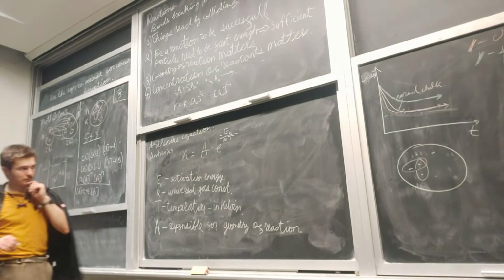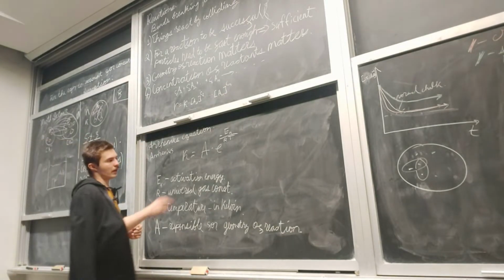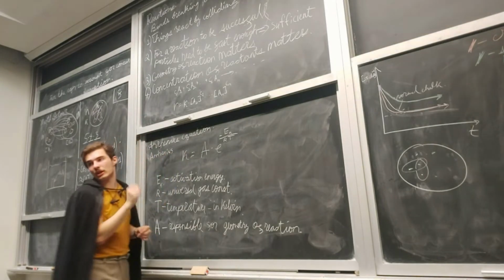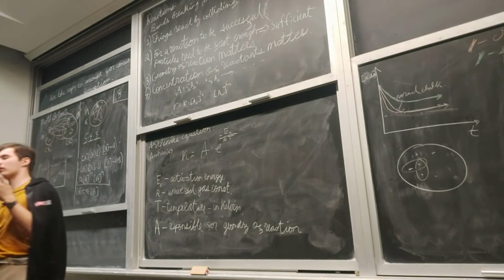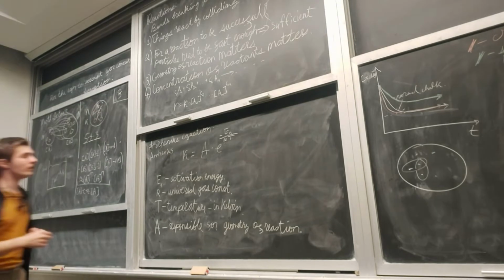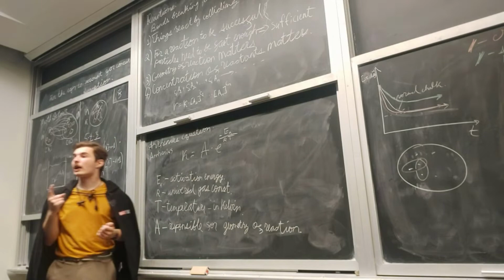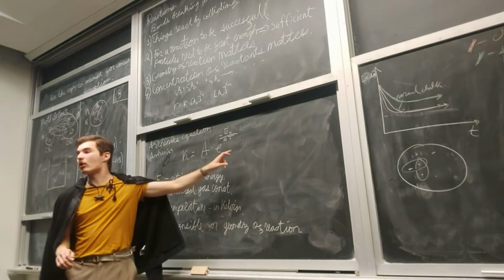So what do we get? Instead of just finding K, now we need to find out what A is and what EA is, right? Because temperature we can easily measure. So on one hand, we have to figure out two different things from an experiment. However, once you've figured out the activation energy and this A constant for a single reaction, now you can compute this K for any temperature at all.